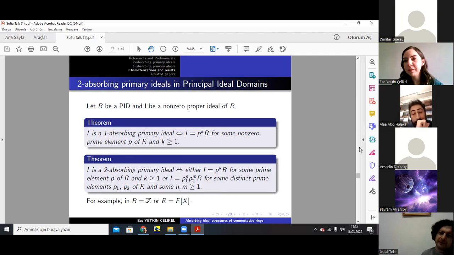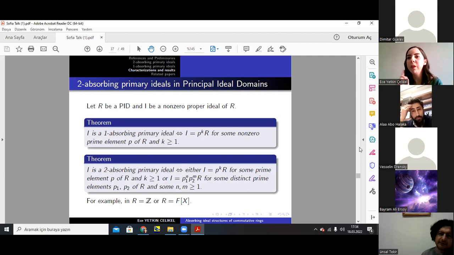Yes, of course. If you have an epimorphism from R to R over I, these structures are saved here. If J is two absorbing, then J over I will also be two absorbing. It is saved.